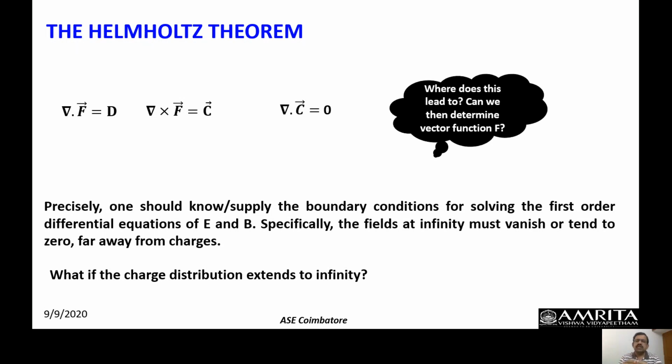The mathematics is only one part of the course, but mathematics by itself is not the course. In fact, it is not the course at all. We are taking the help of mathematics to understand the nature of electric and magnetic fields. Beyond that, we will also be able to quantitatively determine E and B in space.